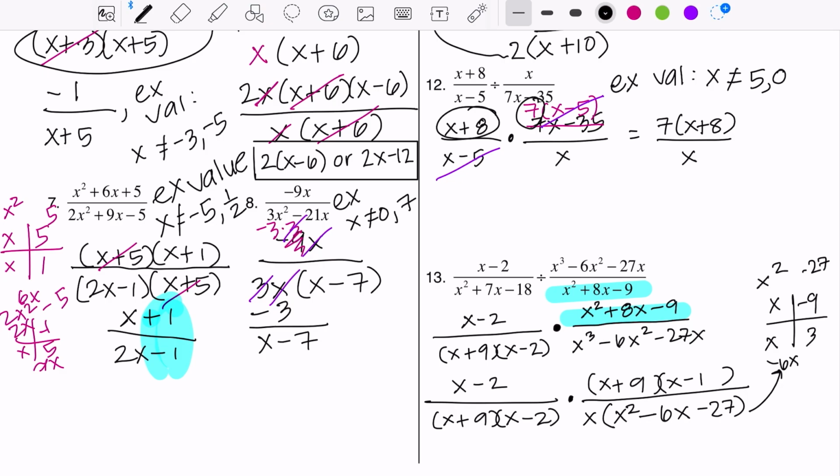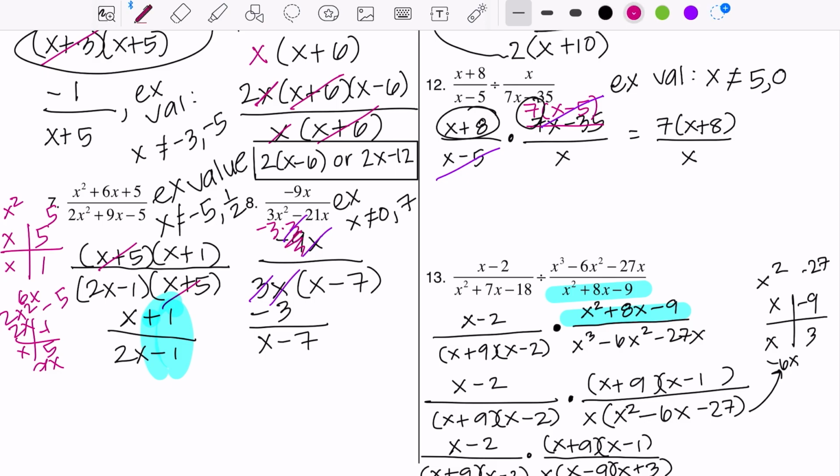Crisscross, add to the middle. And then from there, we're just going to cancel and then find our excluded values.